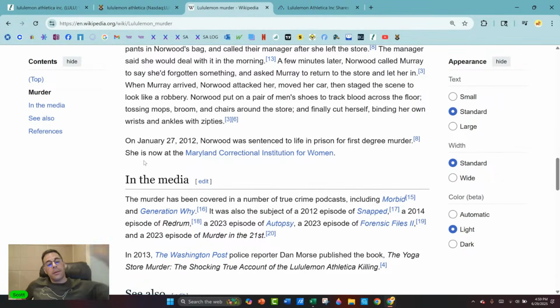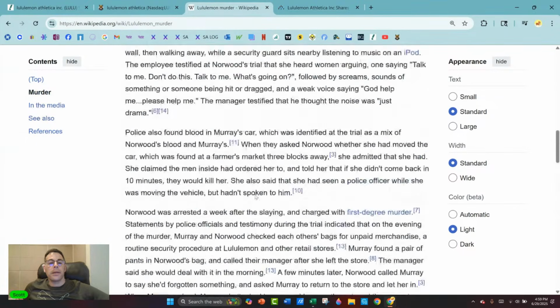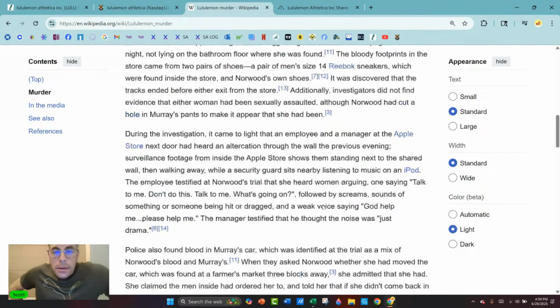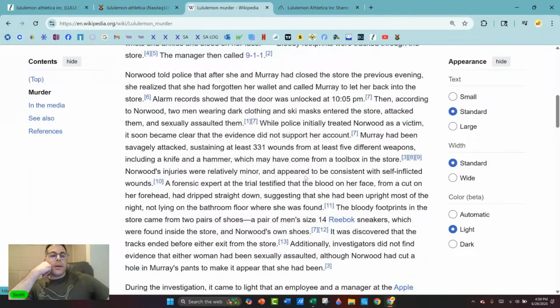So that's crazy. The murder has been covered in a number of true crime podcasts. It's fashion, and fashion is fickle. Norwood told police that after she and Murray had closed the store, she'd forgotten her wallet and called Murray to let her back in. Alarm records showed that the door was unlocked at 10:05. Two men wearing dark clothing and ski masks entered the store, attacked them, and sexually assaulted them.